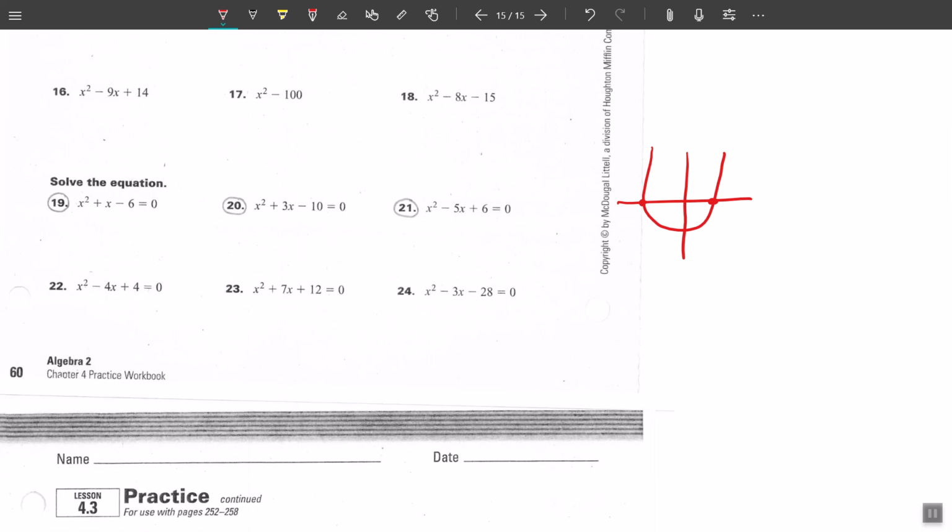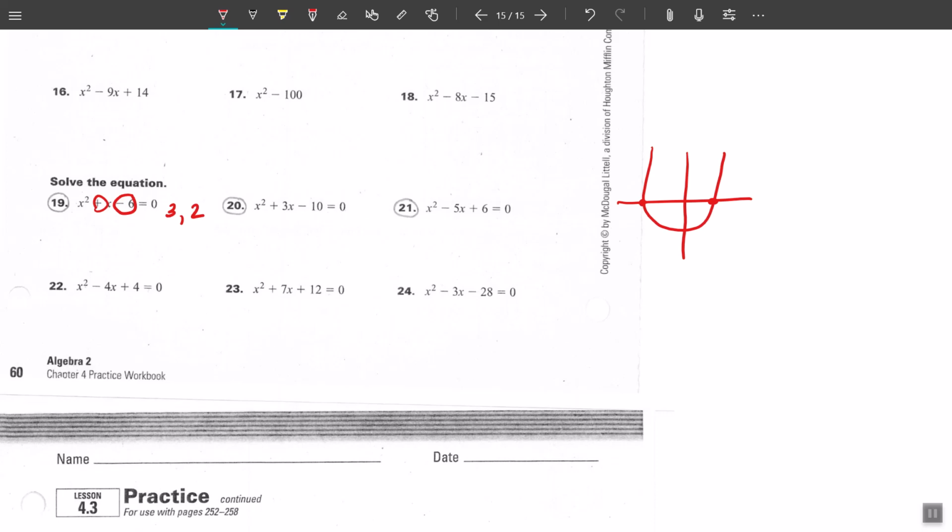So in number 19, you can't do it in standard form. You have to put it into intercept form, which is that factored form that we just worked on at the top. So we're going to do the same thing here. We're looking for factors of negative 6 that add to a positive 1. All right, and so we have the option of 1 and 6, but I'm just going to shortcut all this work and go ahead and just tell you we're going to use 3 and 2.